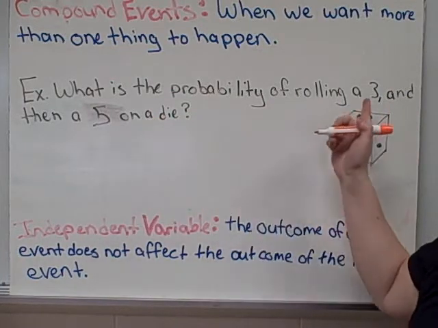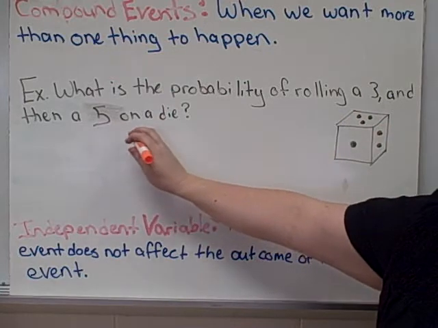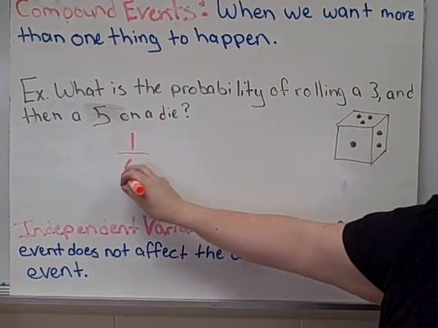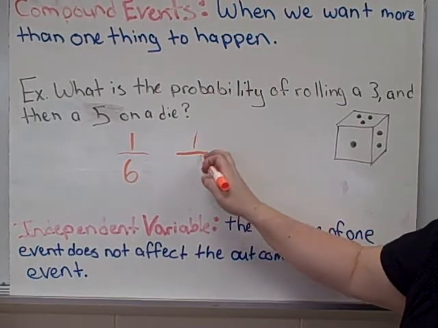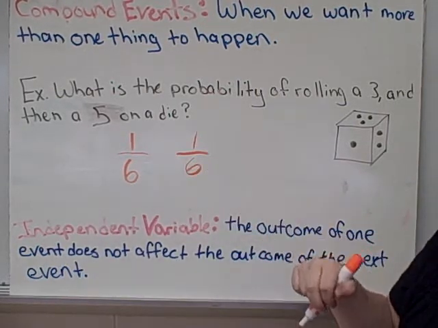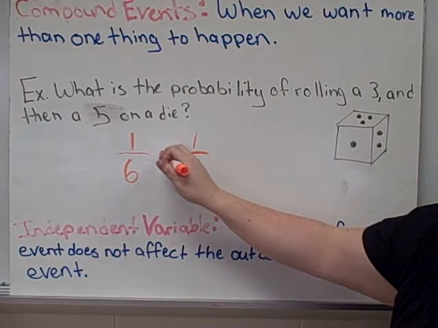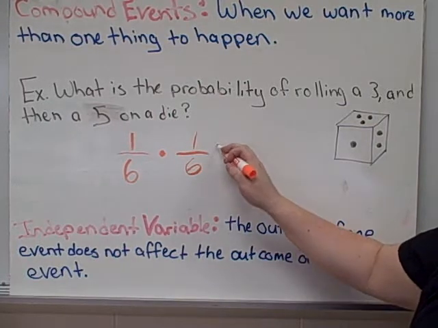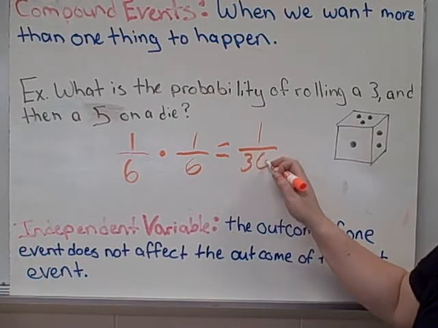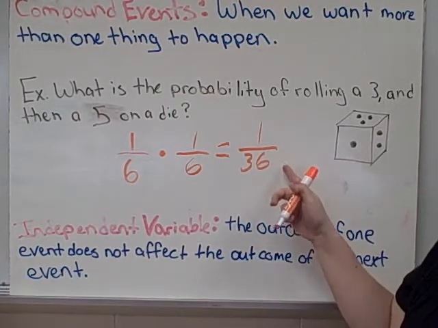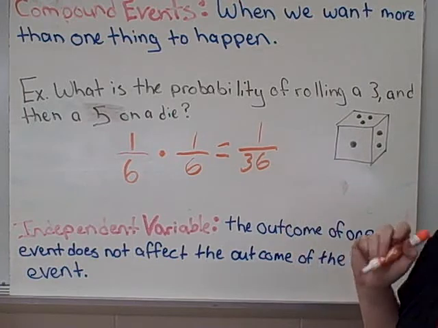Well, one side out of the 6 sides is a 3, and one side out of the 6 sides is a 5. We multiply those together and we get 1 out of 36 will be a 3 and then a 5.